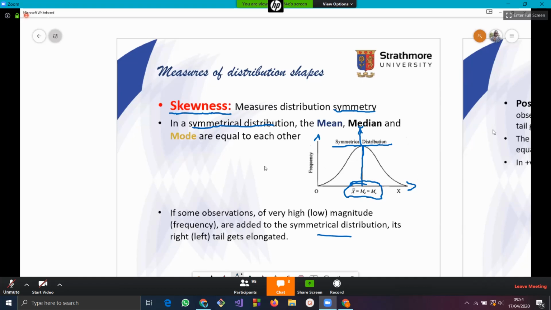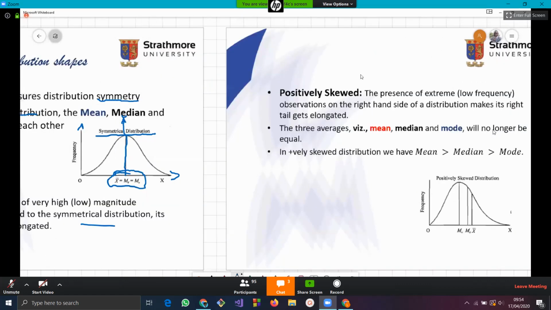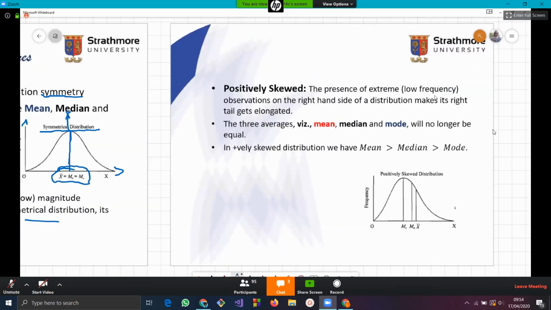Then we go to the other side, where we see a positively skewed data set. In a positively skewed data set, we have the presence of low frequency observations on the right. Low frequency means that here you can see frequencies are pushed downwards. So low frequencies are concentrated to the right. We call this a positively skewed data set.